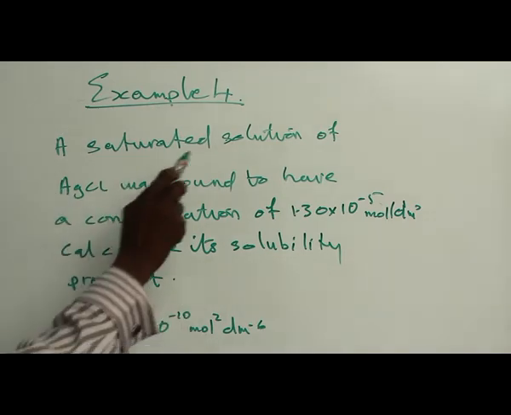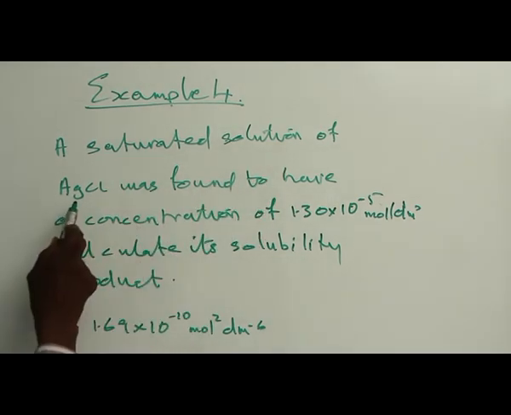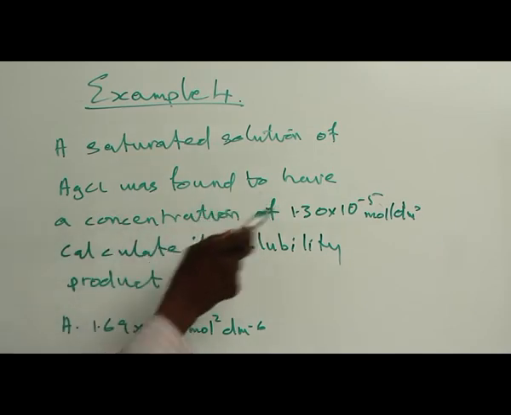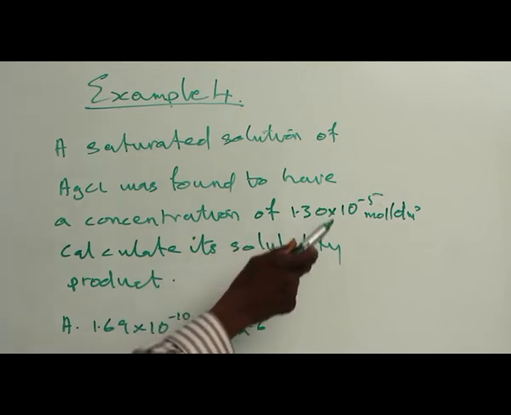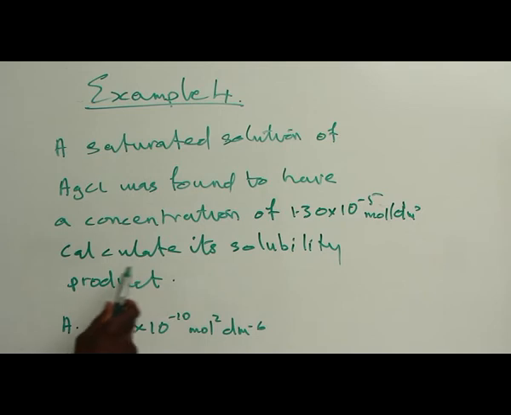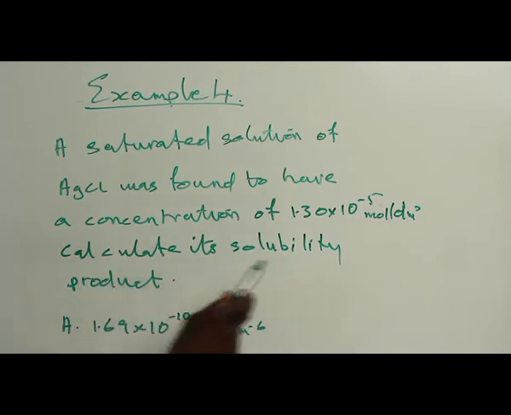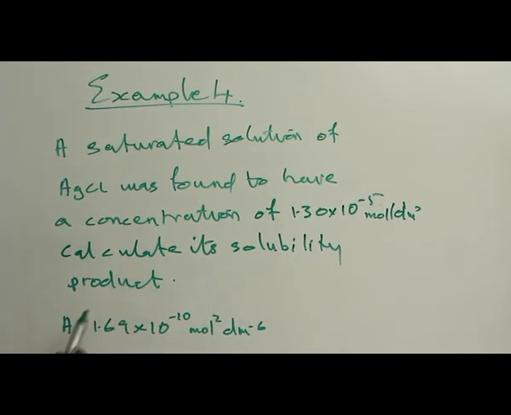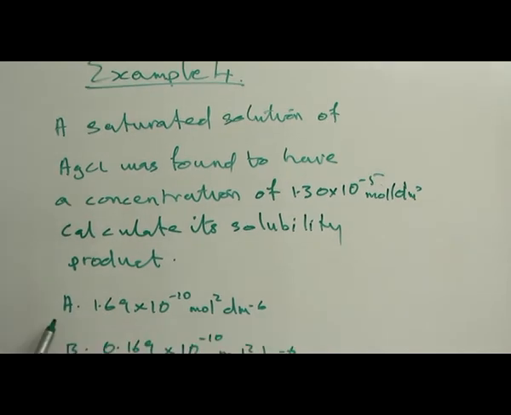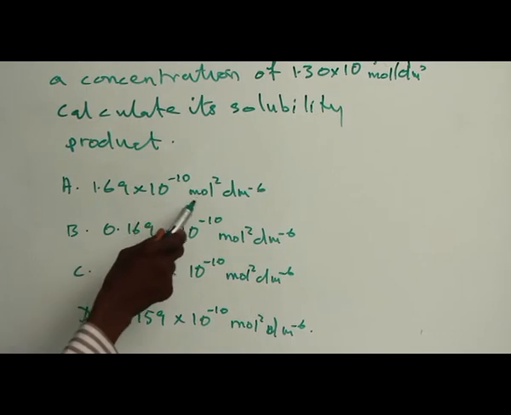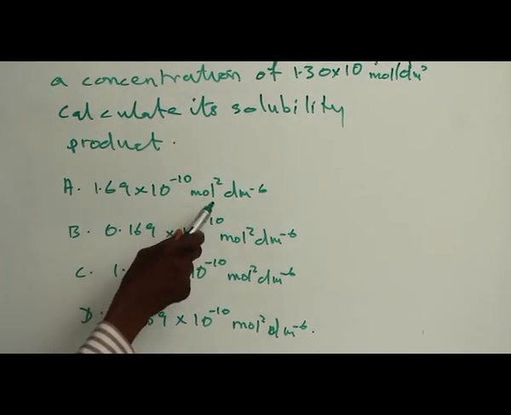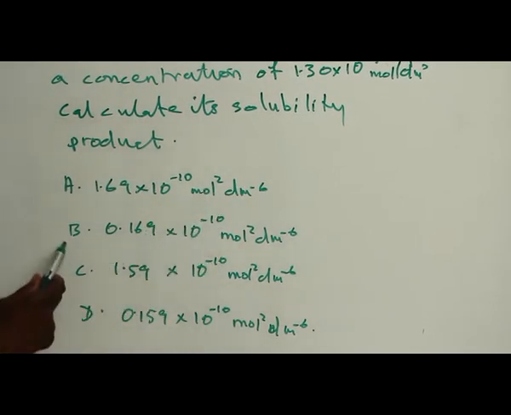Let's consider the fourth illustrative example. A saturated solution of silver chloride was found to have a concentration of 1.30 times 10 to the power minus 5 mole per dm cube. Calculate the solubility product. The options are A, 1.66 times 10 to the power minus 10 mole squared dm cube to the power minus 6.